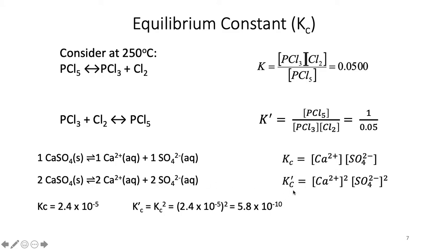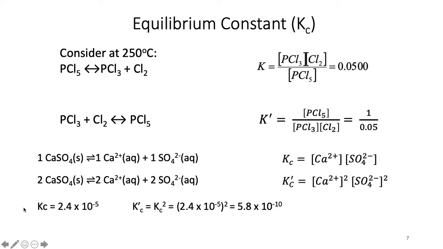The new equilibrium constant then, K prime C, is equal to the concentration of calcium, but now it's raised to the second power because I have 2 instead of 1, multiplied by SO4 2 minus raised to the second power. If you compare these two, the relationship between them is that K prime C is equal to the Kc raised to the second power.